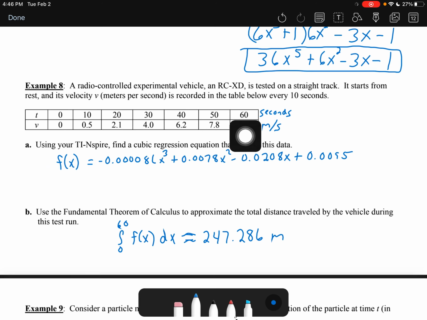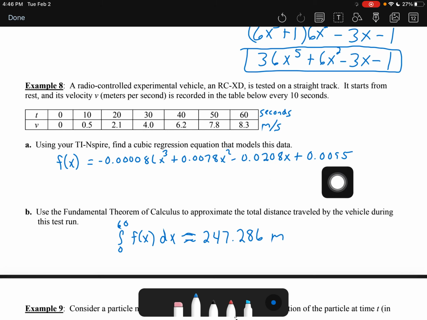So since the test run goes from 0 to 60 seconds, and this is a rate, this finds speed, or velocity. Then what we do is if we integrate something that's a rate, that gives us the area under it, which is just going to be that distance, and that's what we're looking for, the total distance. Now in this case, I think it says that it is.